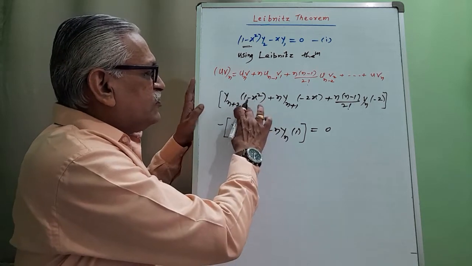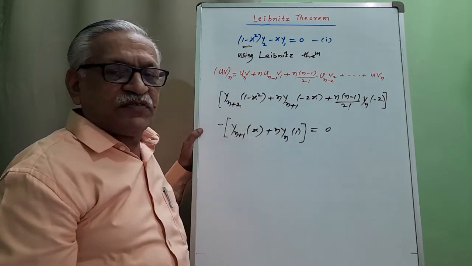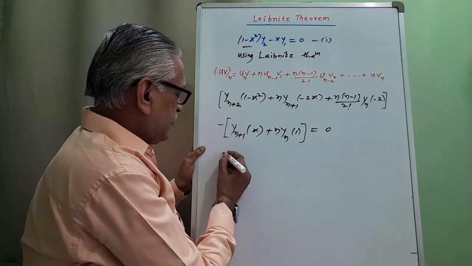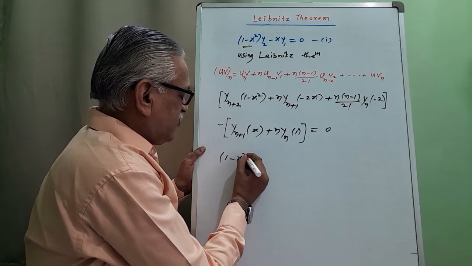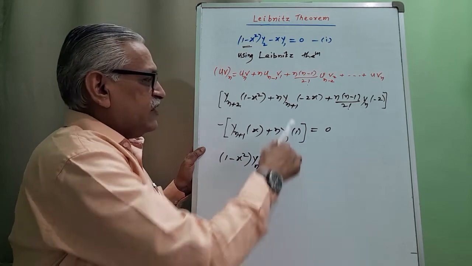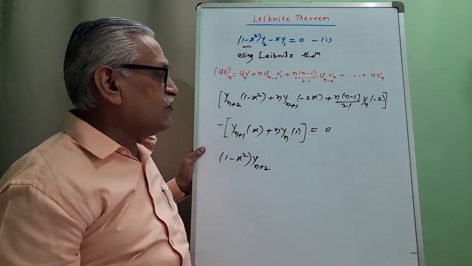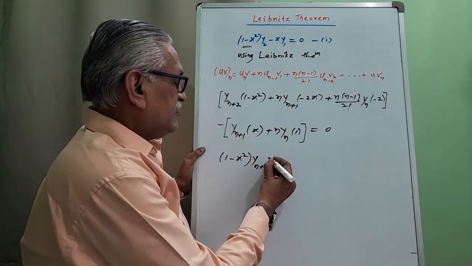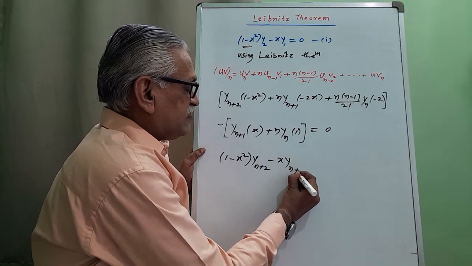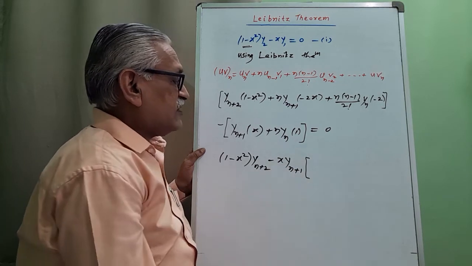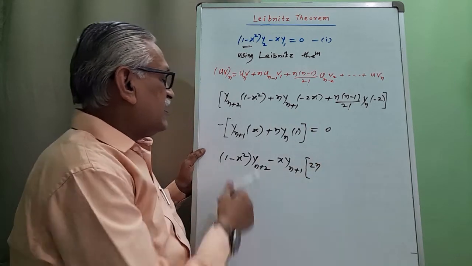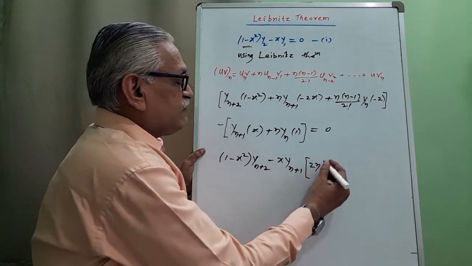And then we have to combine the similar terms in one bracket. Only one term of yn plus 2. I will keep that as it is, (1 minus x square) into yn plus 2. Then the 1st and 2nd terms of yn plus 1, minus x into yn plus 1 I can take common. Here remains 2 into n, and when we take this much as common we get plus 1.